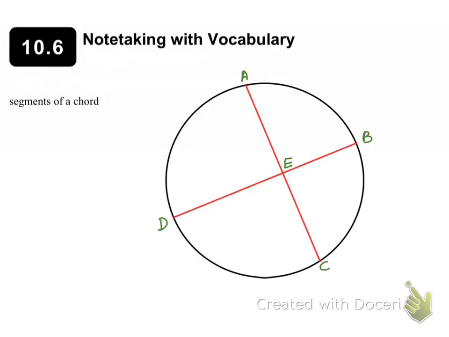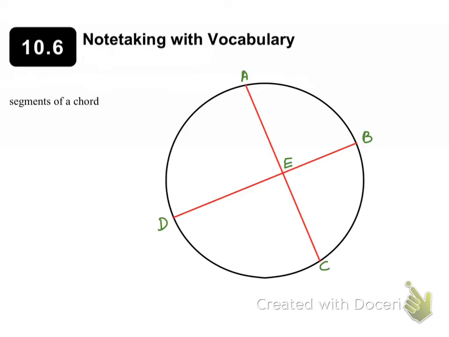So we have the first vocab here, segments of a chord. We have to understand what a segment of a chord is. If we draw two chords here, our chords are AC and BD, and they intersect inside the circle.